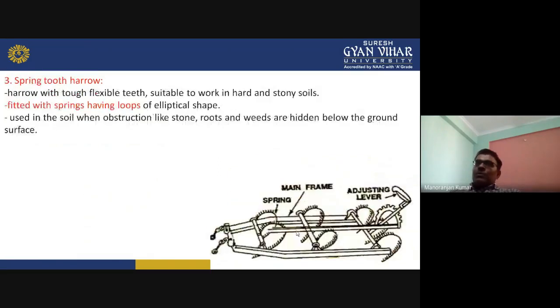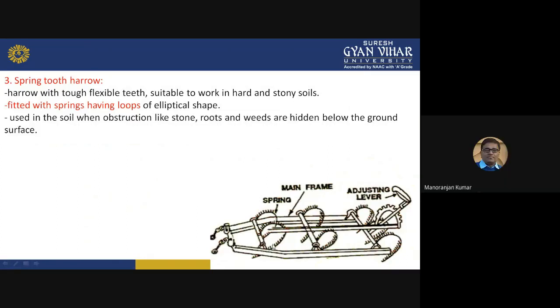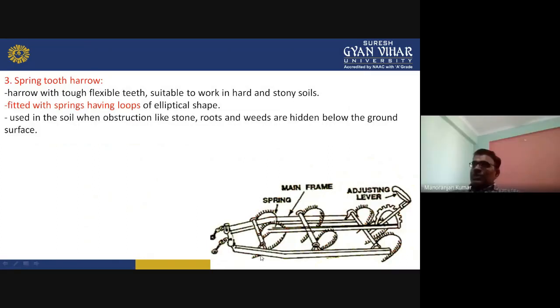Now the other type of harrow is a spring tooth harrow. This is a harrow with tough flexible teeth. You can see these are the teeth which are flexible in nature. Due to this flexibility, this type of harrow is suitable to work in hard and stony soil.